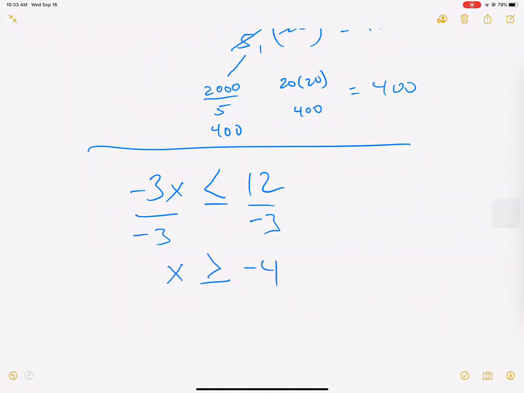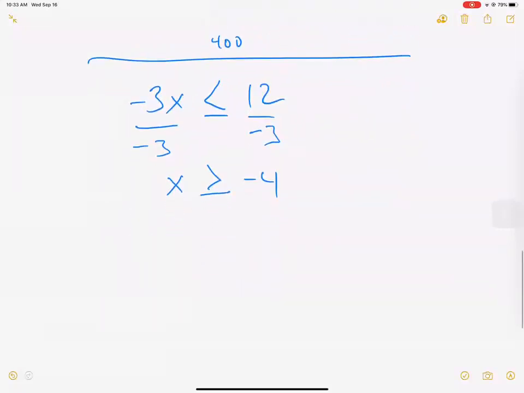Positive divided by negative is negative. Okay, just as a reminder, I keep having to re-talk about this. What if I write 2 minus 4x is less than, let's do 14.